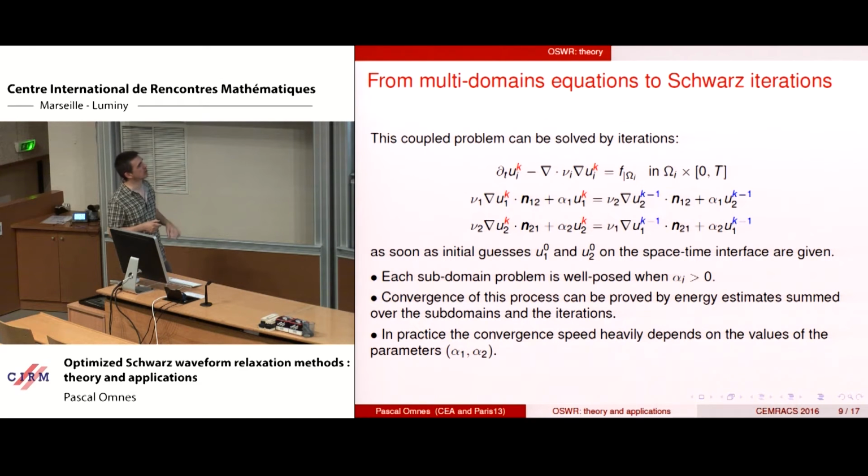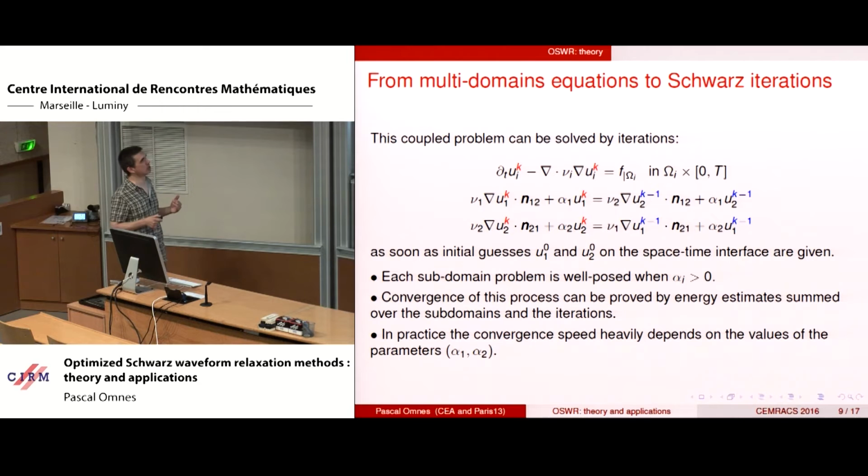And the reverse for U2, the boundary conditions at step k depend on what you had in omega 1 at step k minus 1. Of course, for this, you need initial guesses, U10 and U20 on the space-time interface.